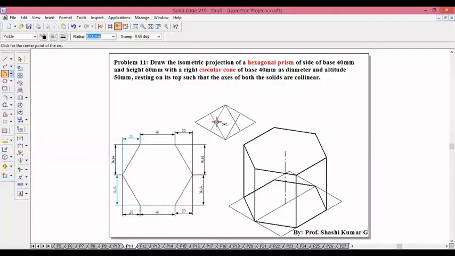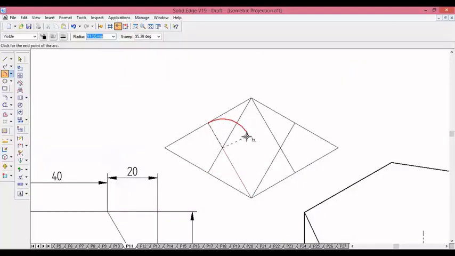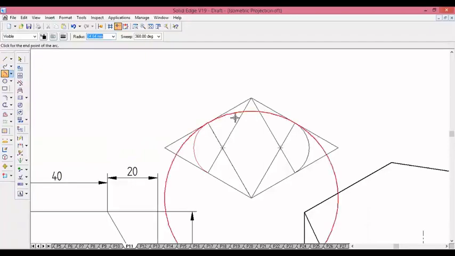Start drawing an arc from the intersection; this intersection will be the center, and this is the radius. For the second arc, the intersection is here, and this is the length of the radius. Draw another arc. The third arc is from here to here, and the final arc is here.